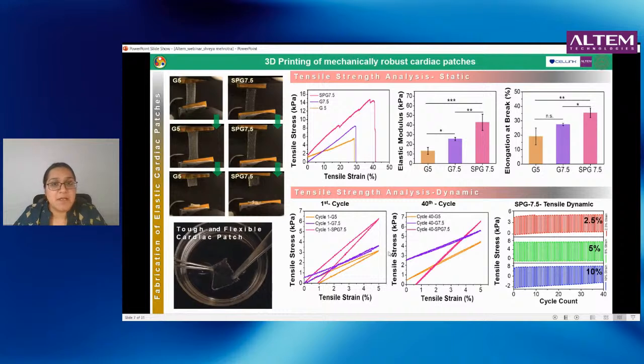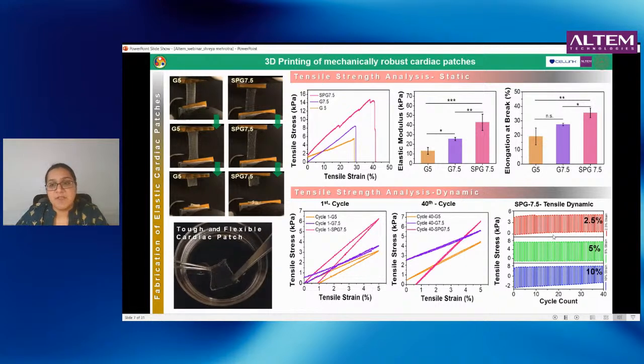We found that these patches displayed modulus values similar to the native heart tissue. Heart tissue has around 30 to 45, 50 kPa of Young's elastic modulus. So the patches that we developed were similar to the native heart tissue and were better than the gelatin-based bioinks that have been previously used, or are mostly used, for developing cardiac tissues.